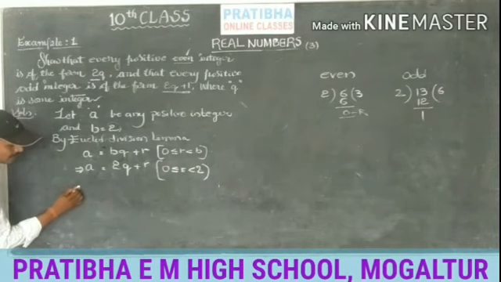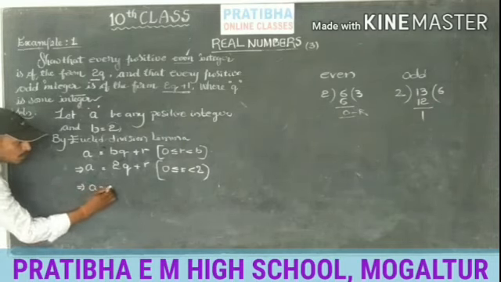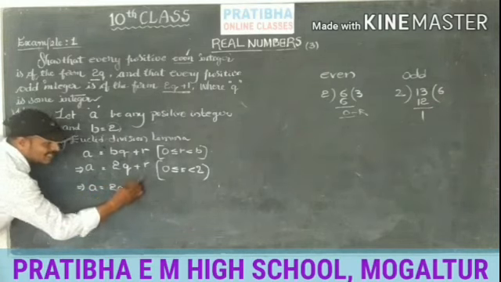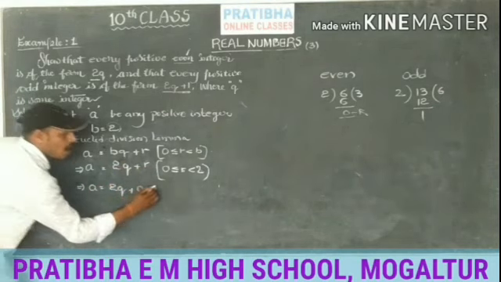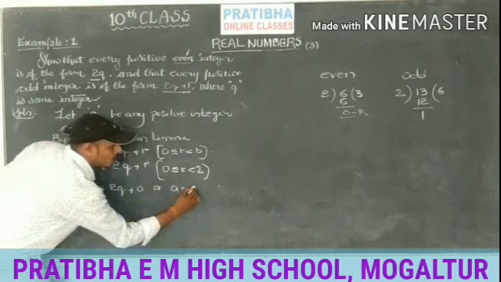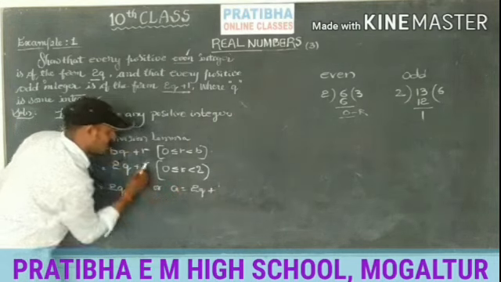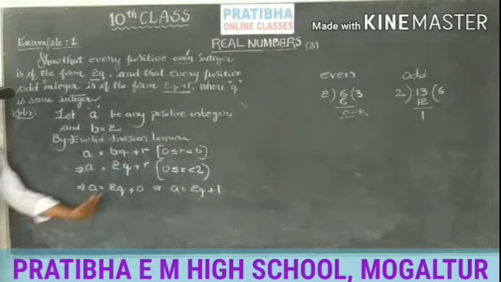Then a is equal to 2q plus r, so either a is equal to 2q plus 0 or a is equal to 2q plus 1. There are only two chances.